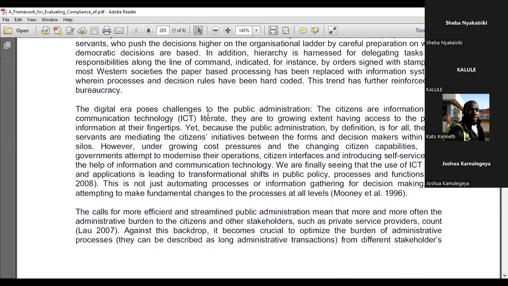The digital era poses challenges to the public administration. Citizens are ICT literate, and they are growing, and they are to a growing extent having access to public information at their fingertips.